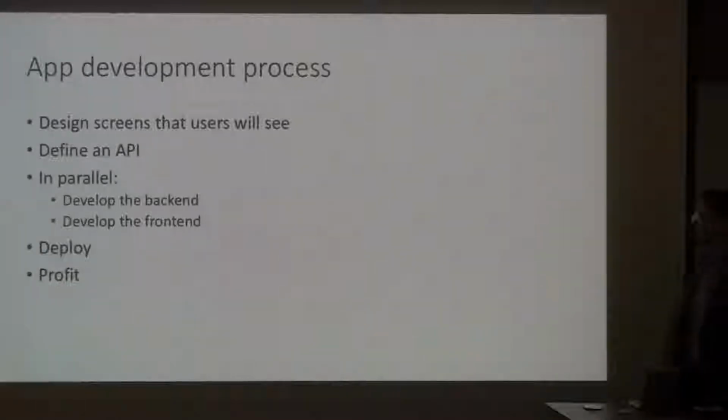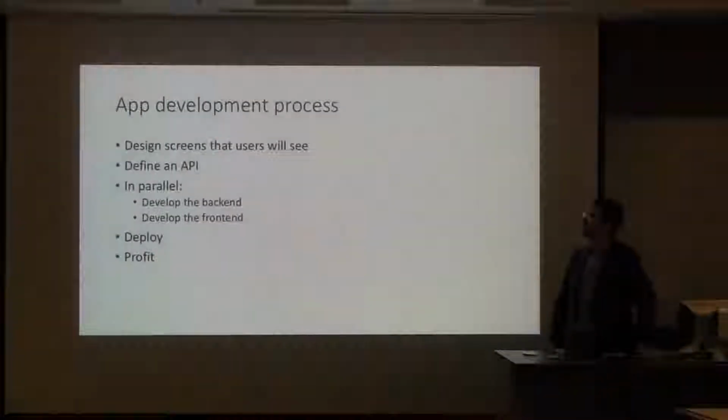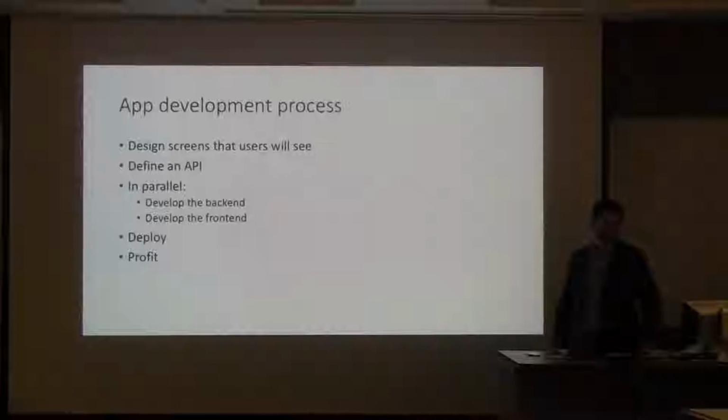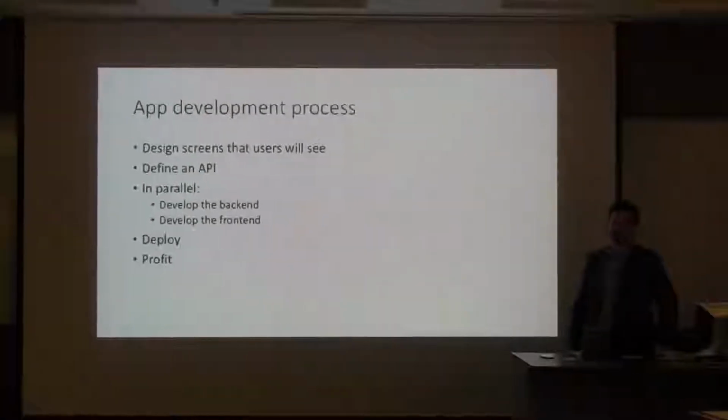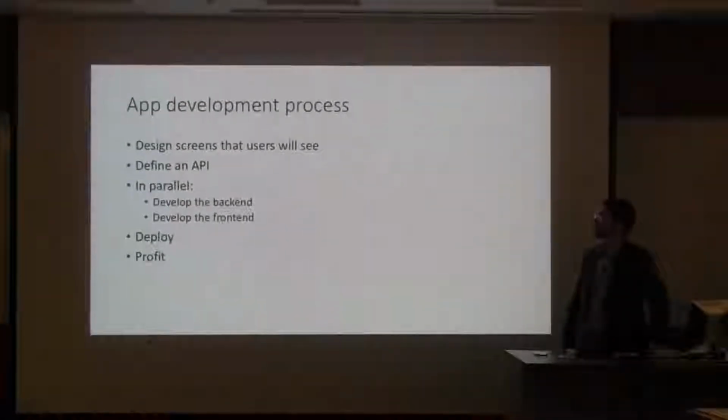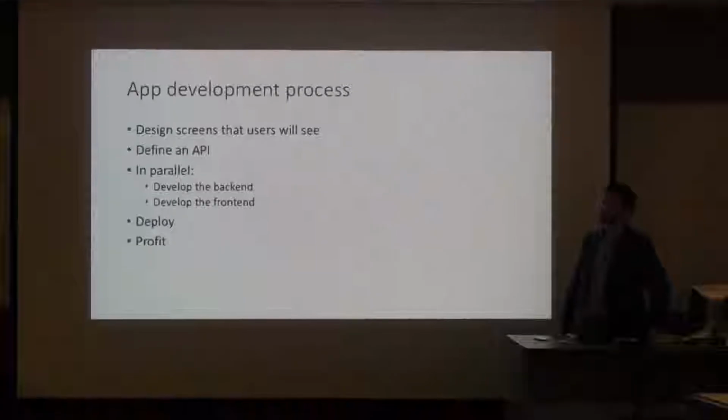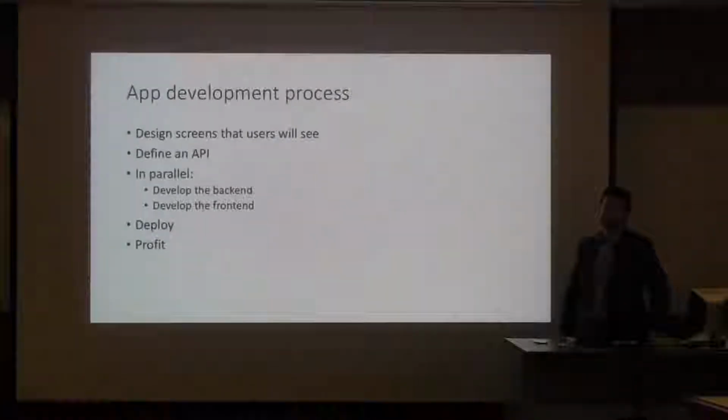So in general, if you're trying to build an app, the development process goes something like this. I usually recommend to people, as a first step, to design screens that users will see. You could use a tool, or even just sketch on a whiteboard what the screen should look like, and map out all of the different screens that your app is going to contain.